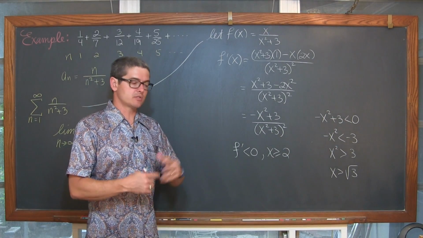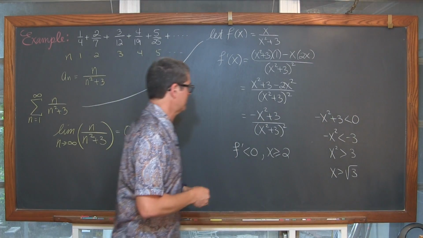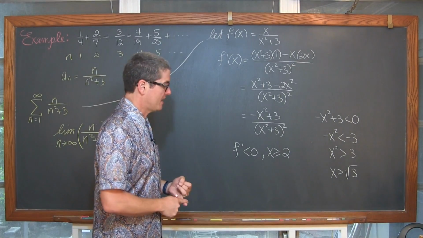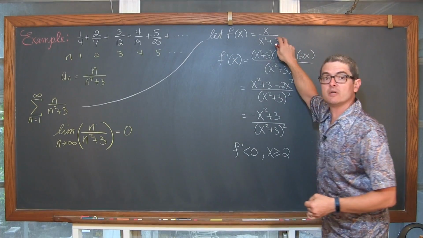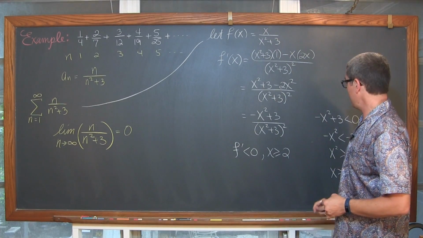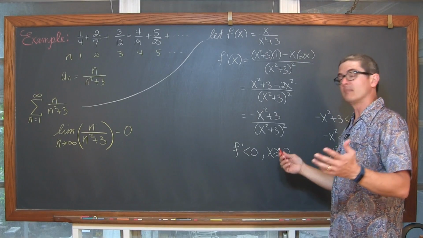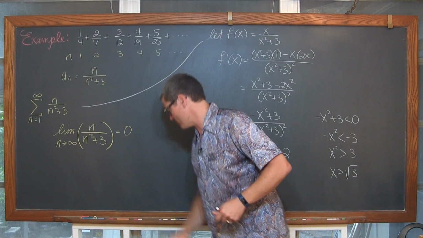Convergence and divergence is about what happens as n approaches infinity. So f of x is positive, continuous, and decreasing as long as x is greater than or equal to 2. That means we can apply the integral test to see if this thing converges or diverges.